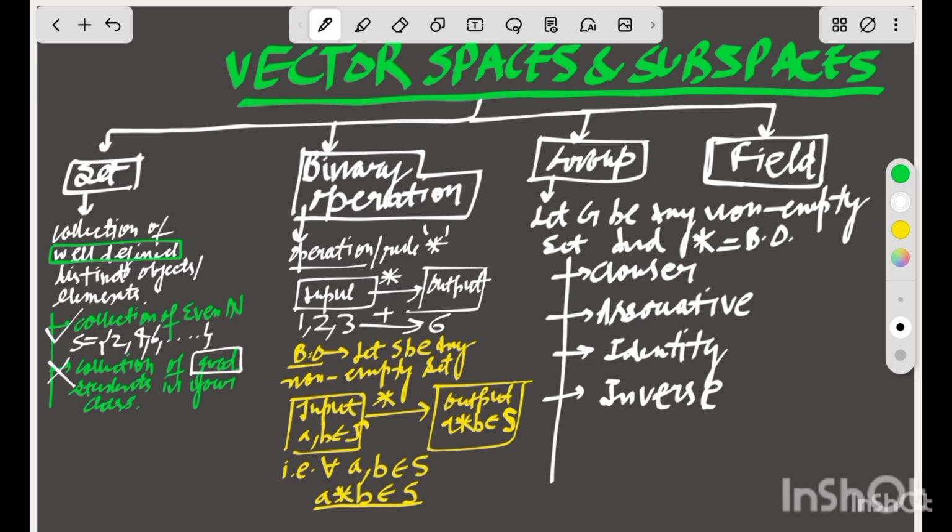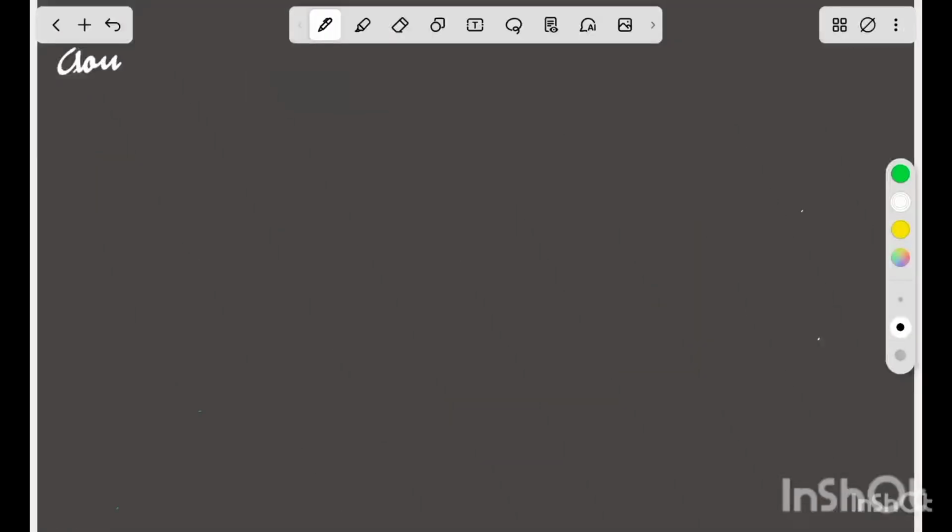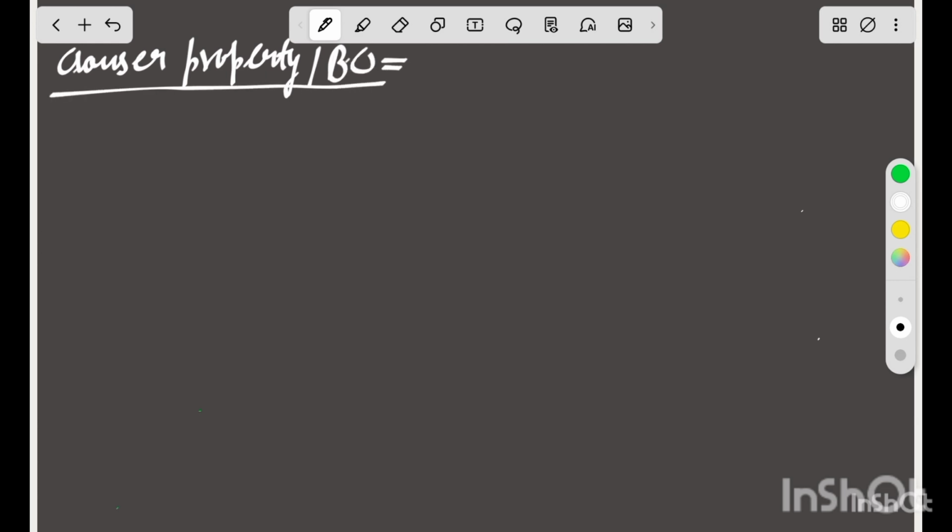First, we understand about all these 4 properties. Closure property. Closure is nothing but the binary operation. That is, let us consider any two element from the set G. If we operate them, A star B must belong to the same set G. Next is associative property.